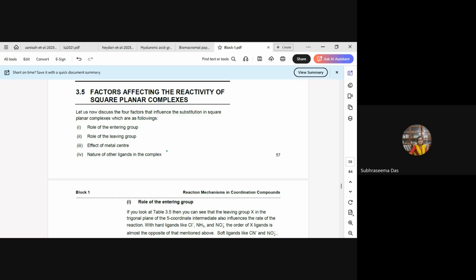The first is the role of the entering group, the second is the role of the leaving group, the third is the effect of the metal center, and the fourth is the nature of the other ligands present inside the coordination sphere around the metal complex. These four points are very decisive in the reactivity of square planar complexes.